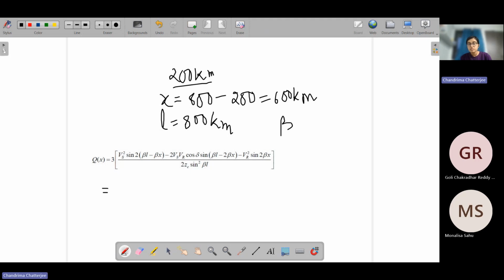Here beta x comes out to be, so beta was 0.936 radian, if I remember correctly, it was 0.936 times 600.